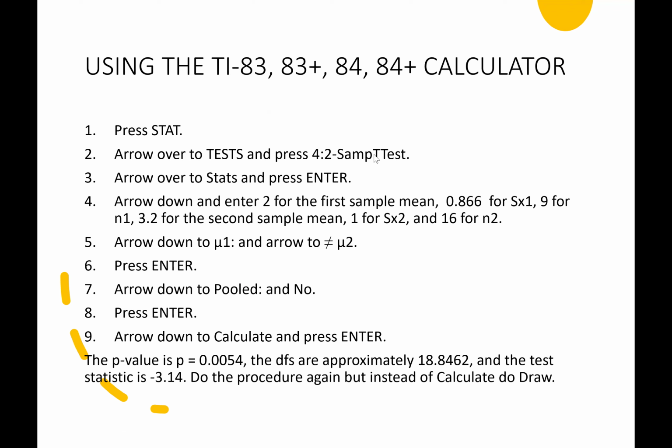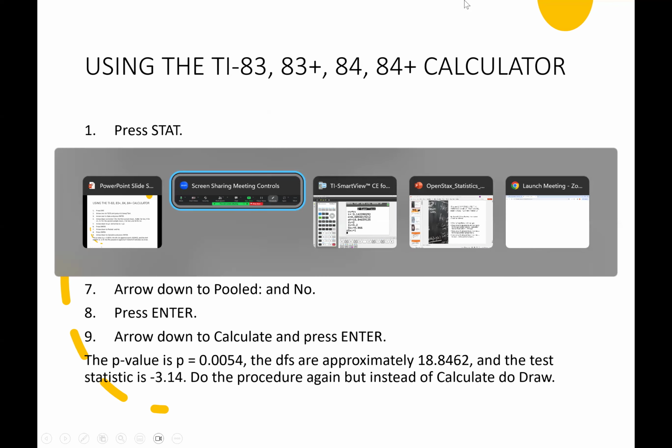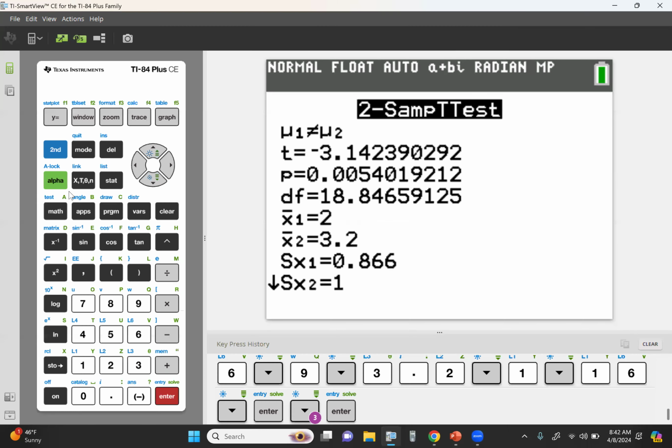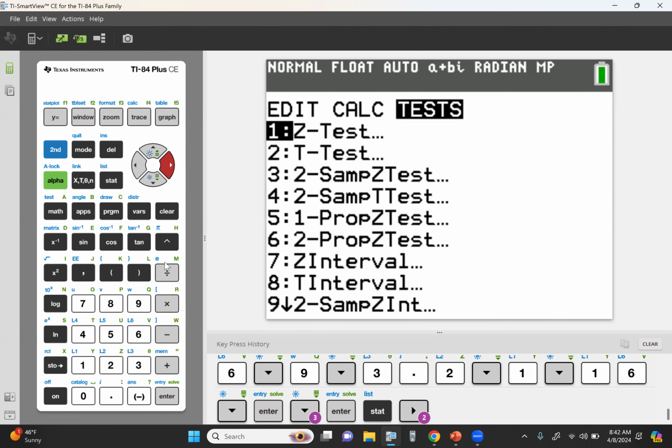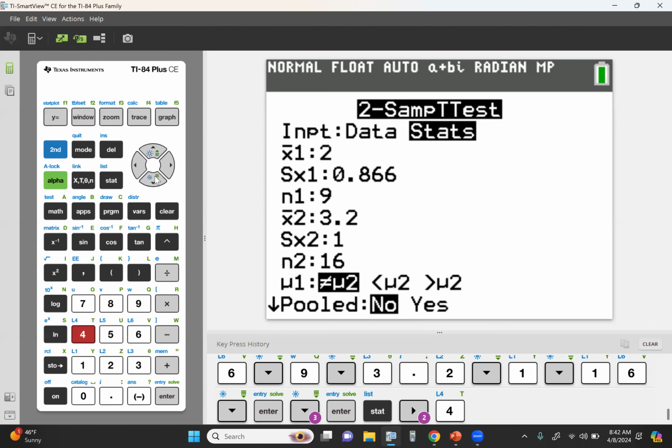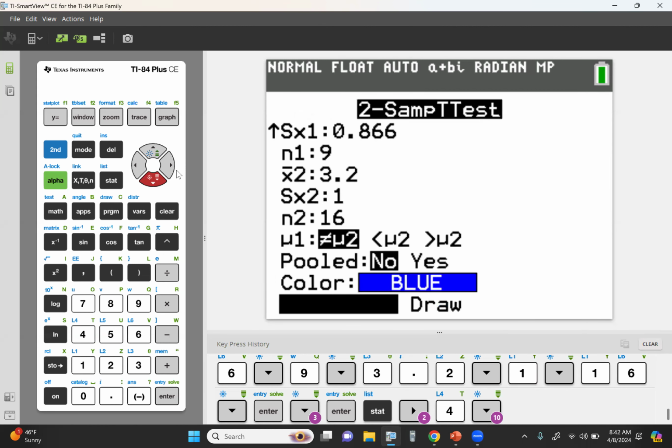It does suggest we do the calculation again, and instead of calculating, do a draw. Let's do that. All we have to do is go back in there and instead of calculate, hit draw.